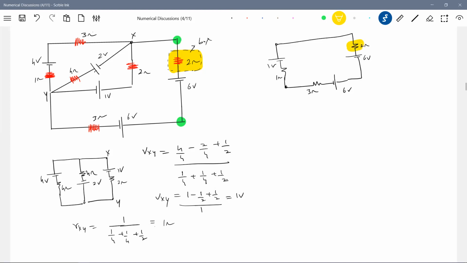This was a box. The current, in fact, will flow like this. So this I is equal to (6 plus 6 minus 1) by (1/2 plus 1 plus 3), which is 11 by 6 ampere.